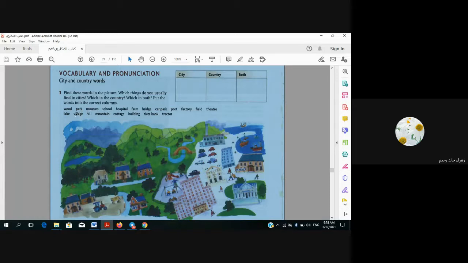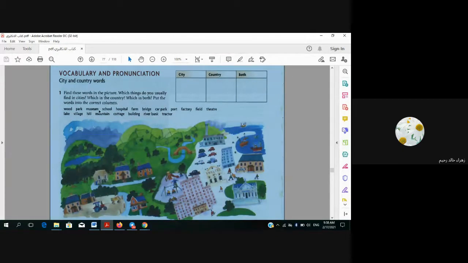Park. We usually find park in both. In the city.